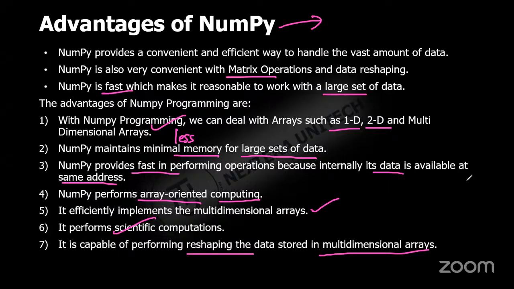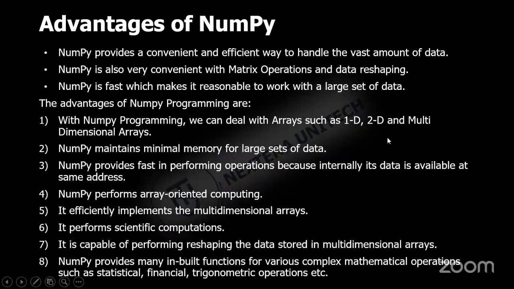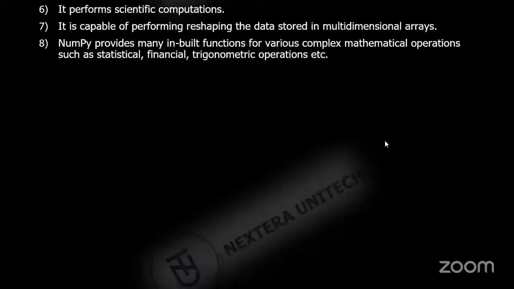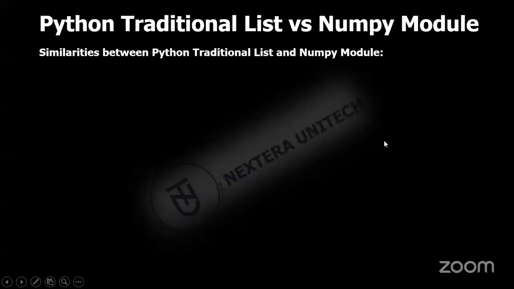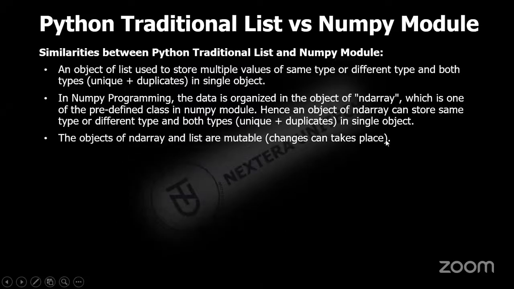Now let me compare list and NumPy, because NumPy will be similar to a list. But there are some similarities and differences. Let us talk about similarities first. Between the traditional list and the NumPy module, the similarities are, if you take a list object, I hope you guys are aware of the list object, right?